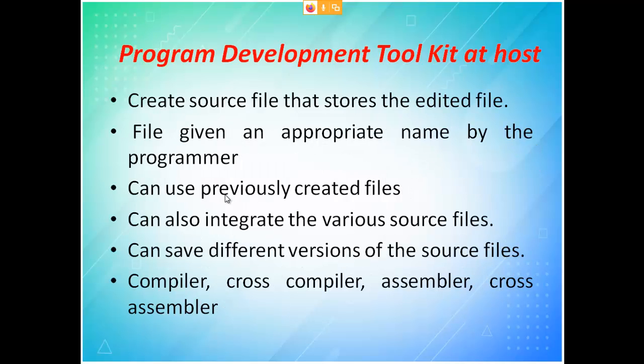Okay, so what is there: you create a source file, store and edit the file giving an appropriate name for the program, you can use previously created files, integrate various source files, and save different versions of source files. The compiler, cross compiler, assembler and cross assembler, all this is inside that particular tab.